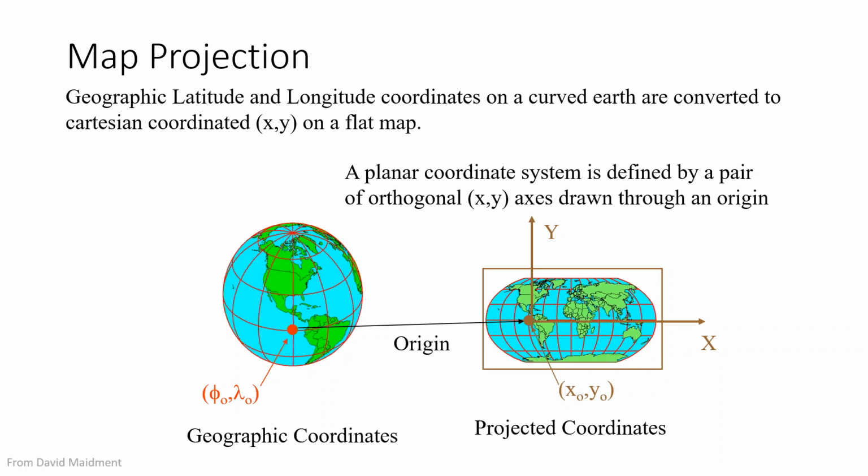So that gets to the point of map projections. All of what I've spoken about so far has looked at latitude and longitude on a curved Earth. A lot of what's done with GIS is to effectively flatten out the Earth onto a Cartesian plane and work with projected coordinates. So we have a planar coordinate system defined by a pair of orthogonal XY axes drawn through an arbitrary origin, often someplace close to the area that you're interested in.